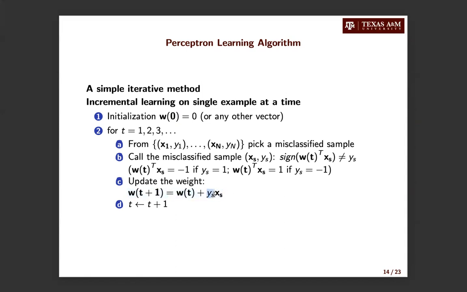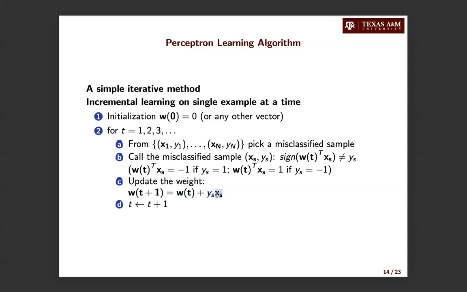If our misclassified sample XS is labeled in the positive class, then YS will be 1. Therefore, in order to adjust the line, we will add sample XS to our previous weight W of T. However, if XS belongs to class -1, then YS will be -1.